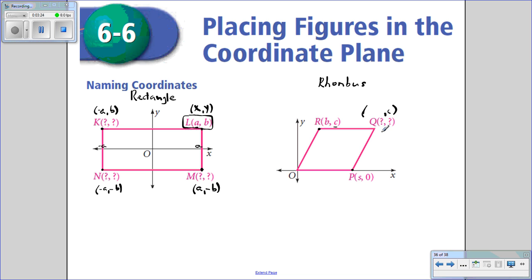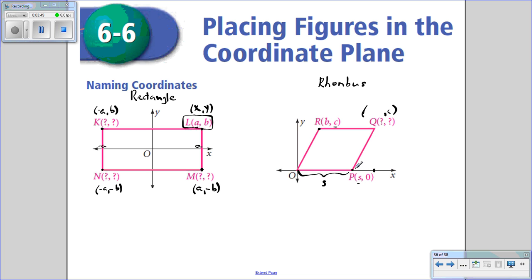From the origin to get to point Q, I travel along the x-axis to about right here, and then I would travel up. Now I know from the origin to point P has an x value of S, which is given in its point. Okay, but I have some extra room here. I've got to figure out what that length is.